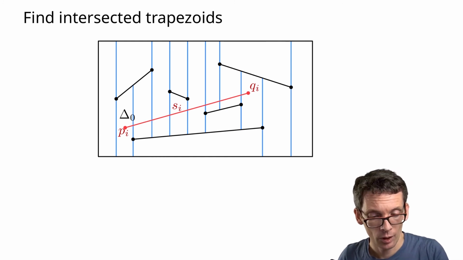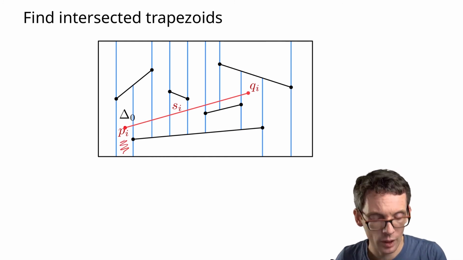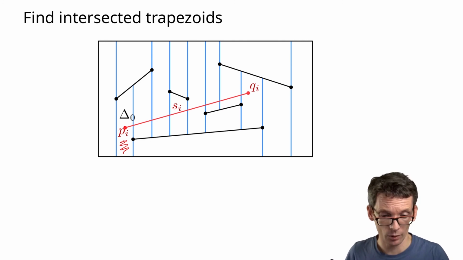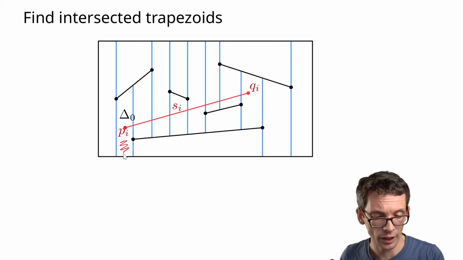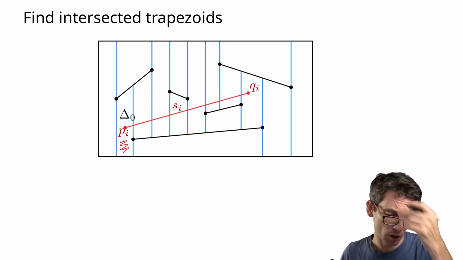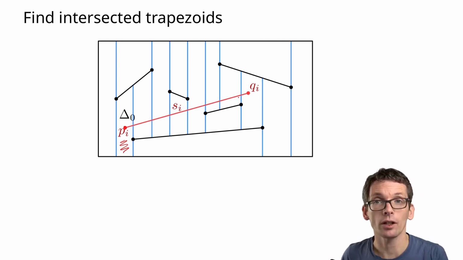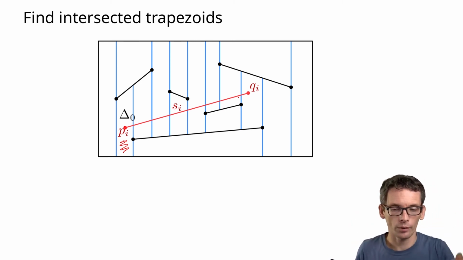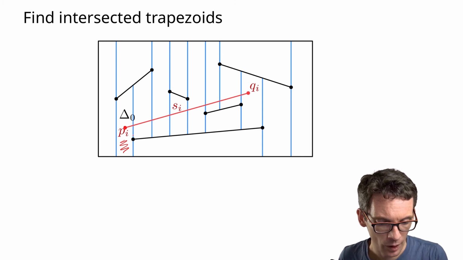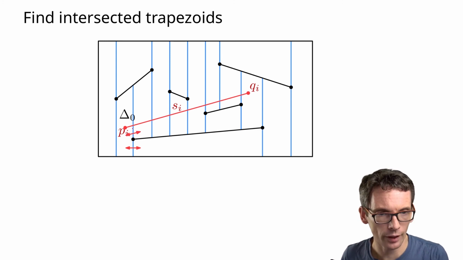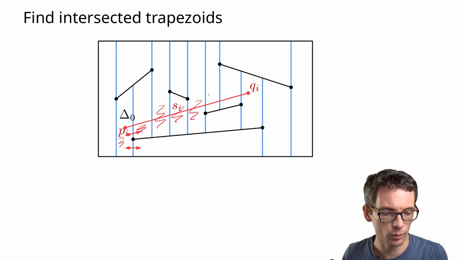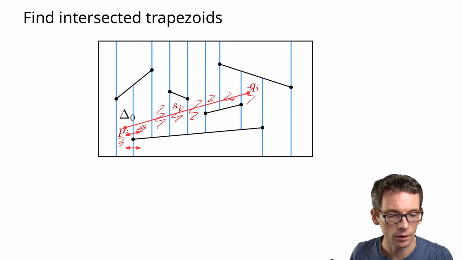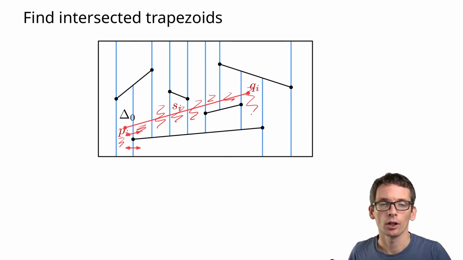So if I found this trapezoid using the point location data structure, then by checking which of the vertical extensions is intersected by the edge, and note, since we are dealing with non-crossing edges, this edge can only go through one of the vertical extensions, I will find from this trapezoid that trapezoid, from that trapezoid this one, this one, this one, and so on until I find the trapezoid that contains Q i.